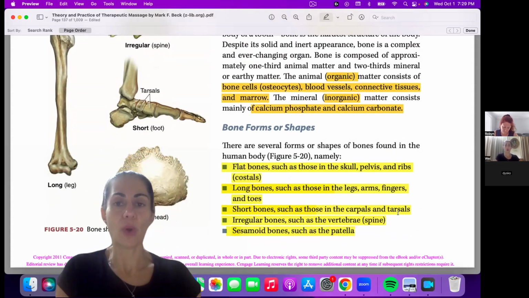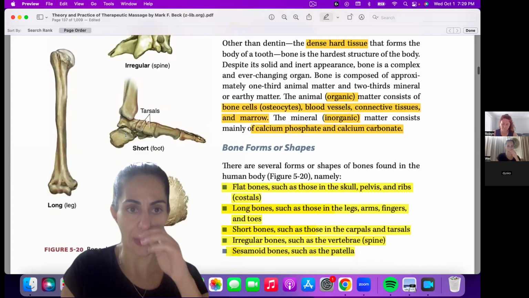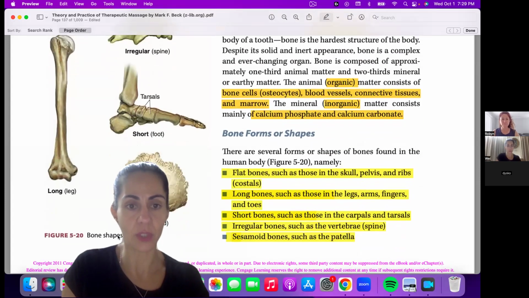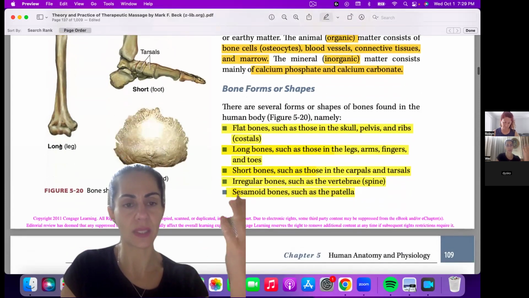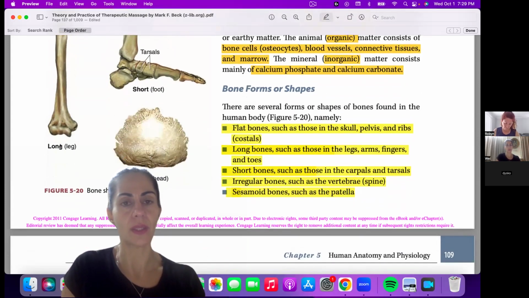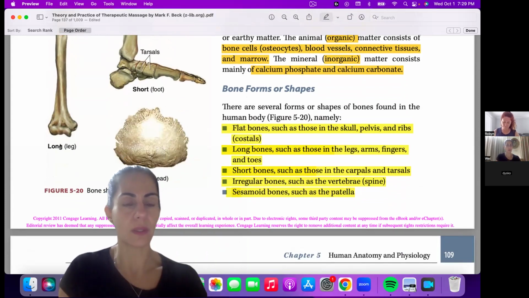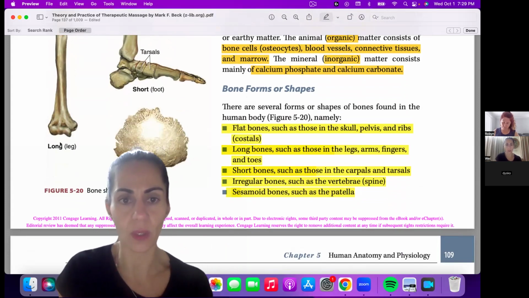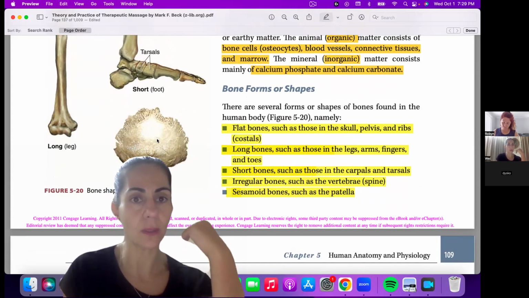Now we have bone forms and shapes. When we talk about bone shapes, there are the long bones like the phalanges, the forearm, the radius, the ulna, the humerus, femur, tibia, fibula. All these are long bones. Flat bone is going to be like the ones we find in our skull.